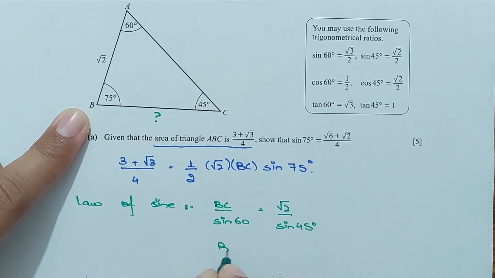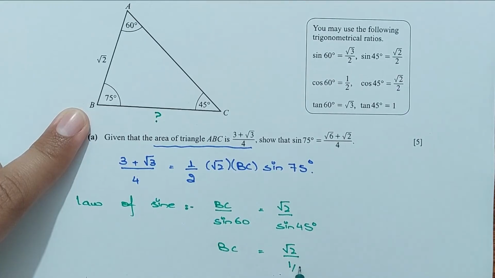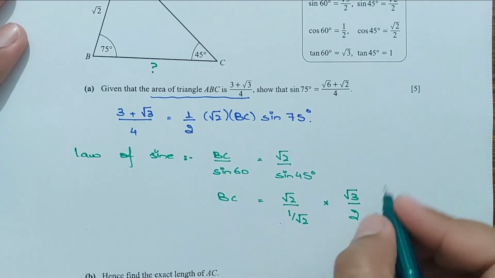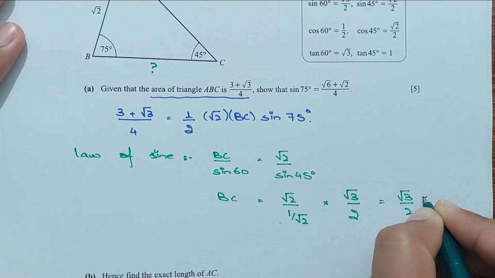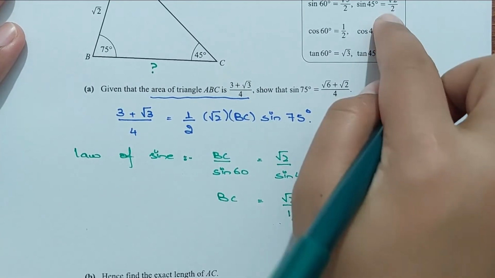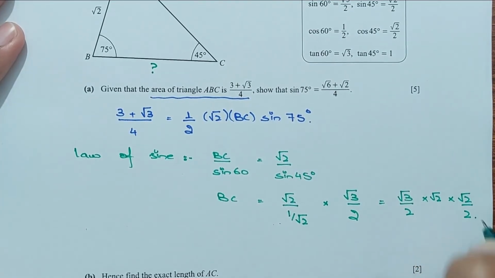So here we have BC equals to square root of 2 over sine 45, which is 1 over square root of 2, times sine of 60, which is square root of 3 by 2. Or we can say square root of 3 divided by 2 times square root of 2, and the reciprocal, which is square root of 2 over 2, right?